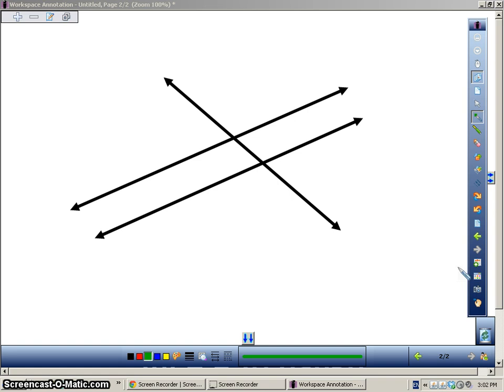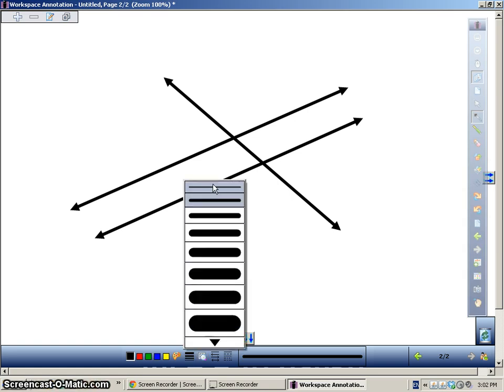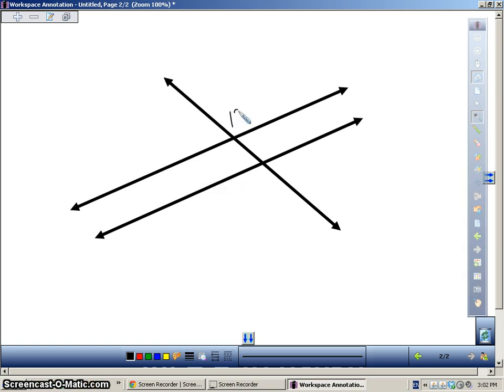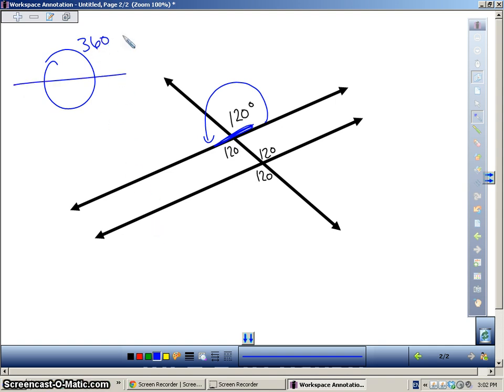So if I call this angle right here 120 degrees, you know that this one is 120, this one's 120, and this one's 120. Now, how do I find the other ones? If I'm looking along this line, from here to here is half a circle. A circle is 360 degrees, so half a circle is 180 degrees.